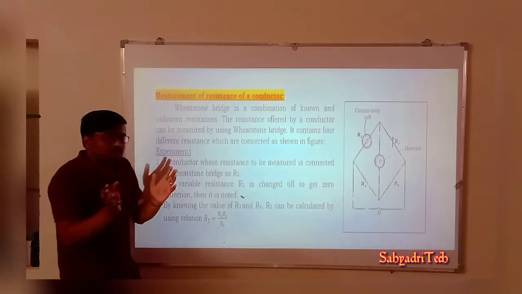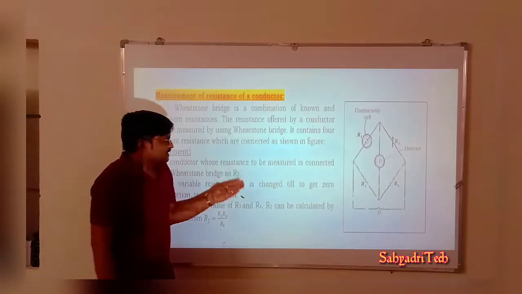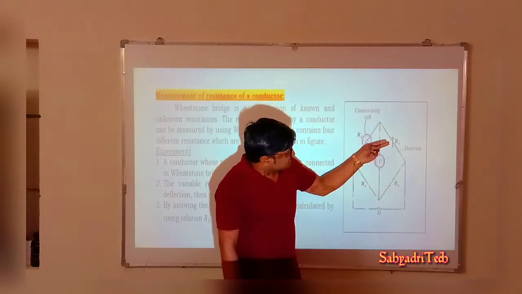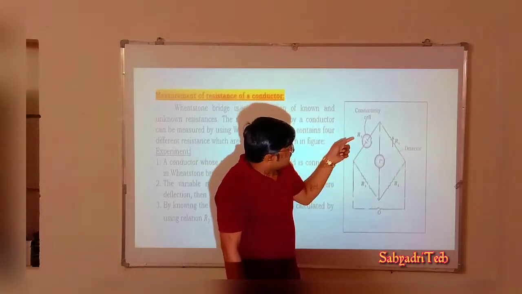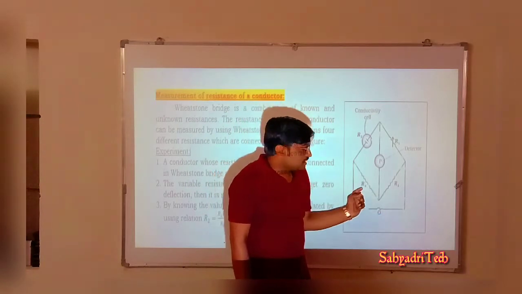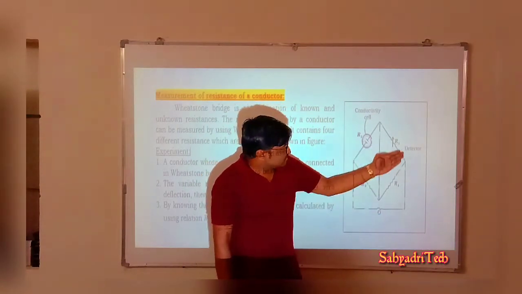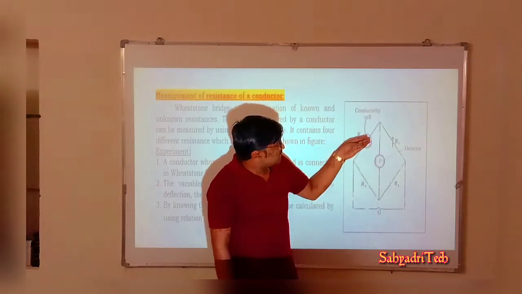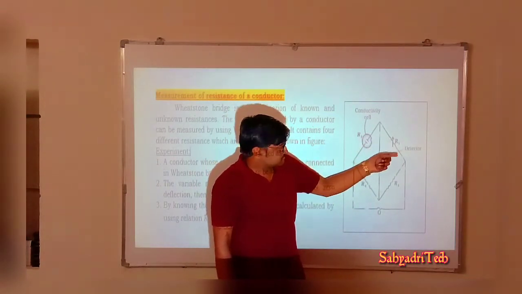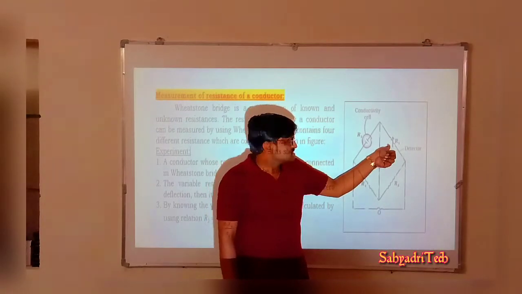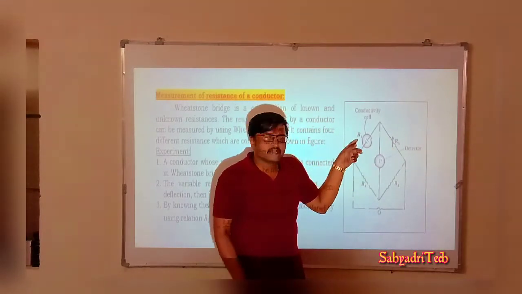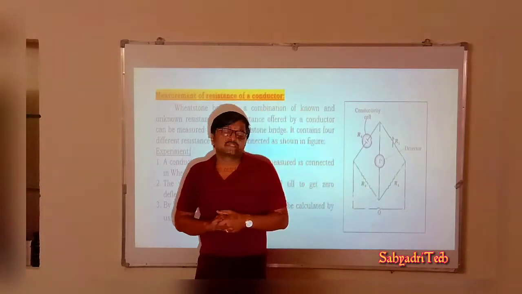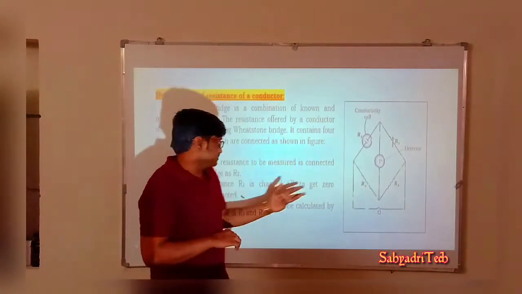There will usually be a combination of four resistances, indicated as R1, R2, R3 and R4. These four resistances are connected in the form of loops. See here, R1 is a variable resistance, R2 is the unknown resistance, and R3 and R4 are fixed resistances, or ratio resistances.